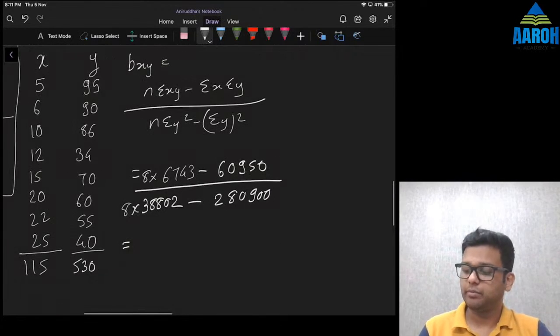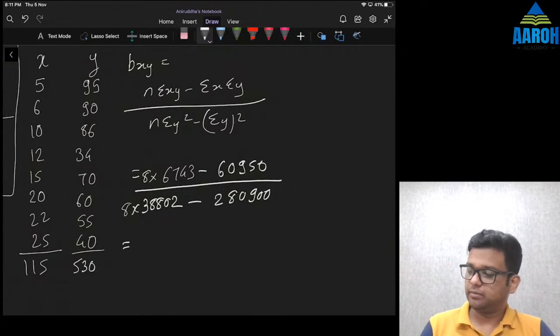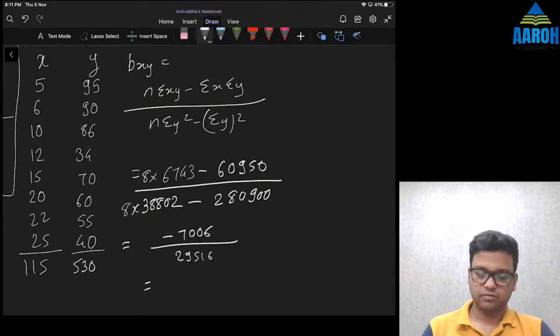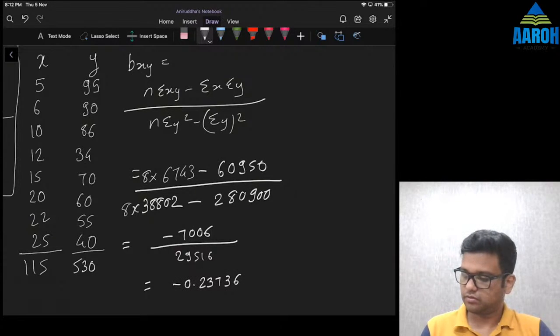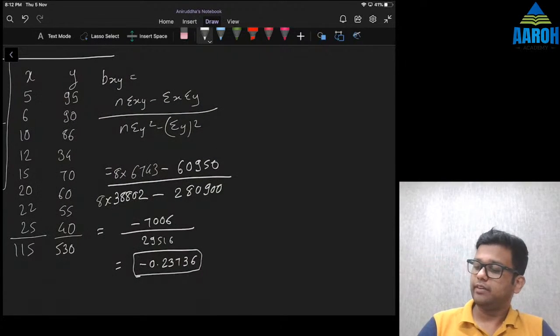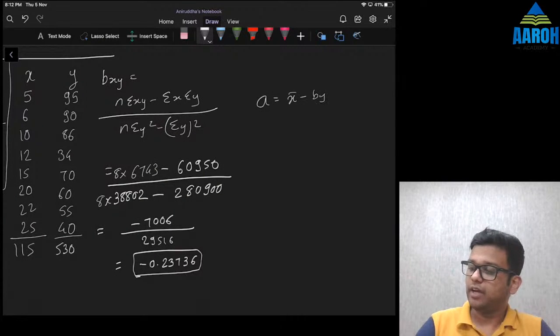Check if anyone gets bxy, let me know. Again, I am writing all the steps. This should be bxy. And a is, if we rearrange the line, x bar minus b y bar.